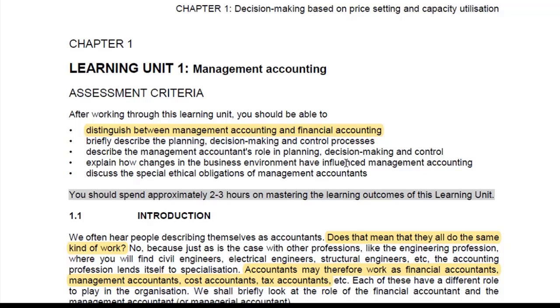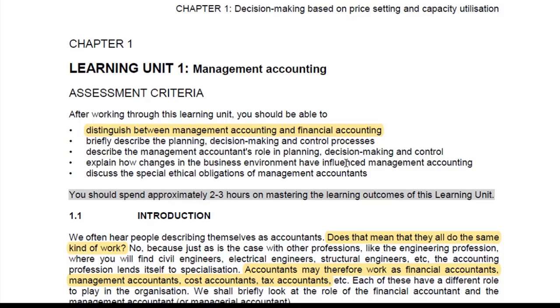So management accountants indicate the true monthly snapshots of how the company is performing. Financial accountants, it's more IFRS.